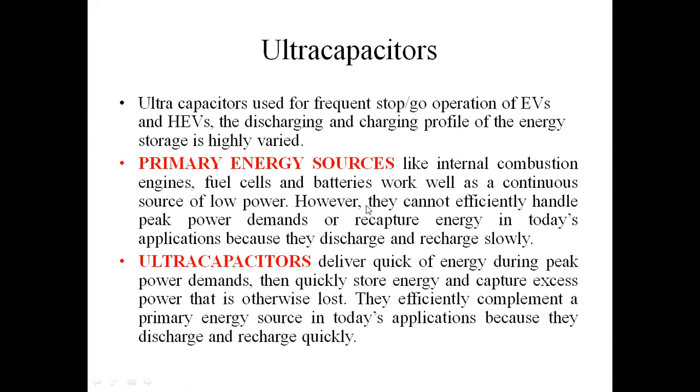These primary sources, ICE meaning internal combustion engine, fuel cells and batteries, operate well in normal conditions. When we need peak power demand, these three are not suitable. That time we use ultra capacitors in hybrid vehicles. Ultra capacitors deliver quick bursts of energy during peak power demands, then quickly store energy and capture excess power that is otherwise lost.